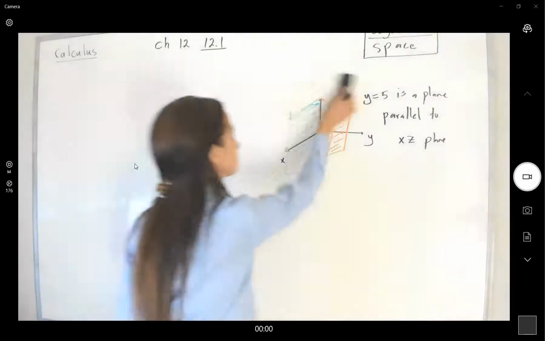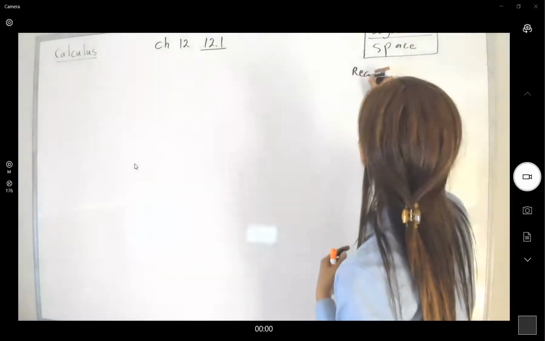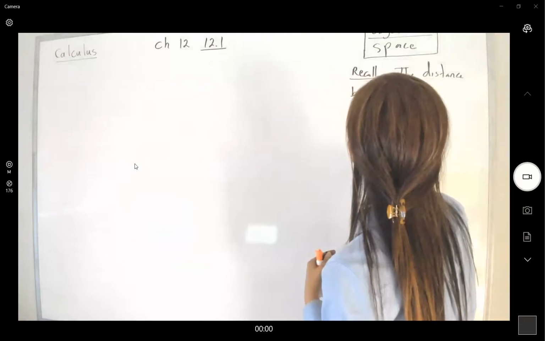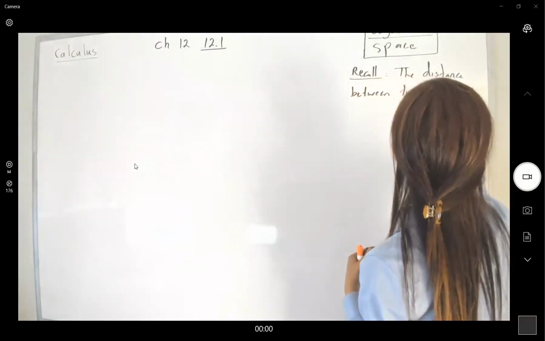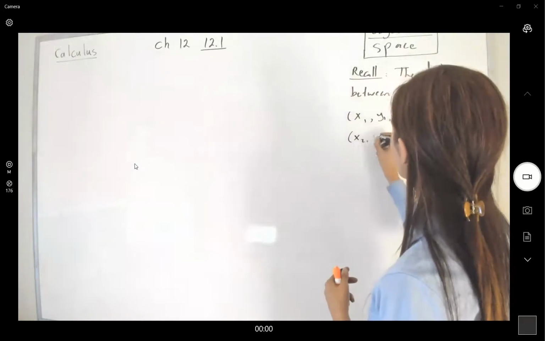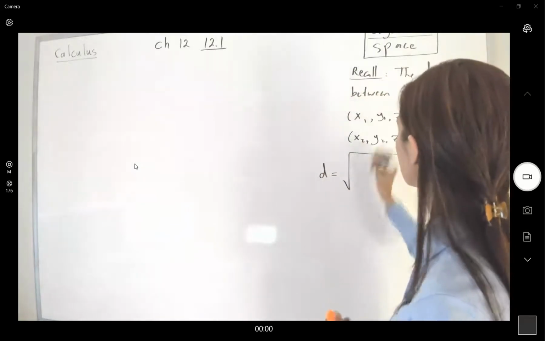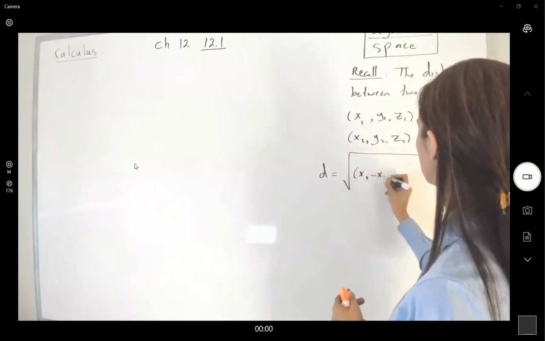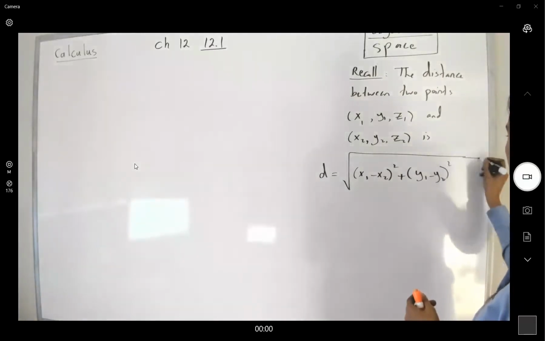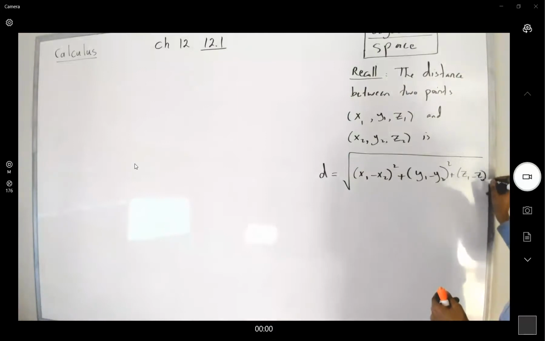So recall that the distance between two points in the space, like x sub 1, y sub 1, z sub 1, and x sub 2, y sub 2, and z sub 2, is defined as d equals the square root of the difference between x coordinates squared plus the difference between y coordinates squared plus the difference between z coordinates squared, z1 minus z2 squared. Okay.